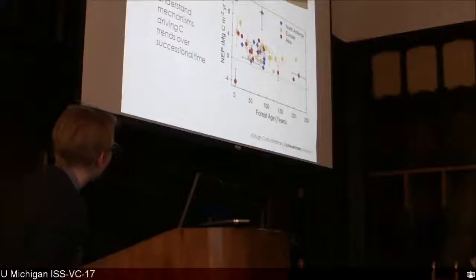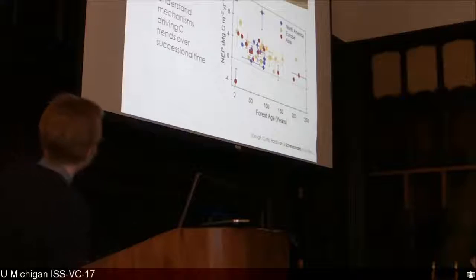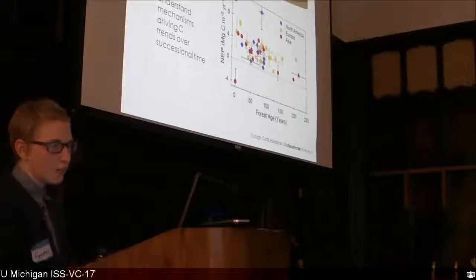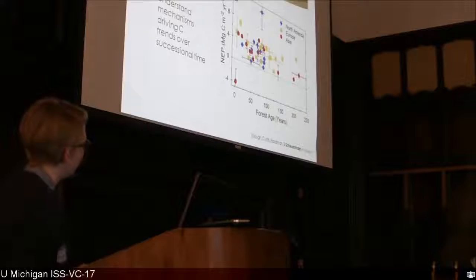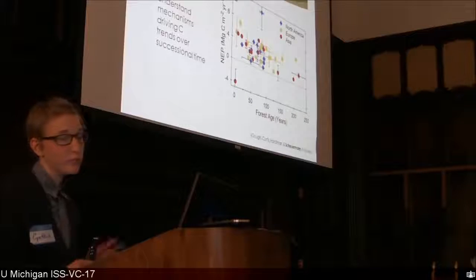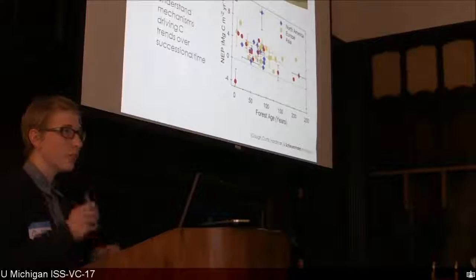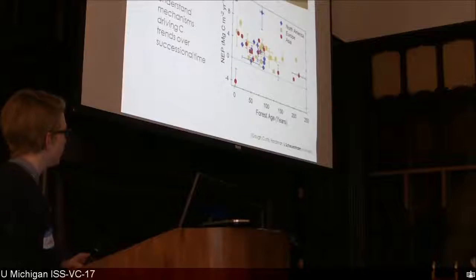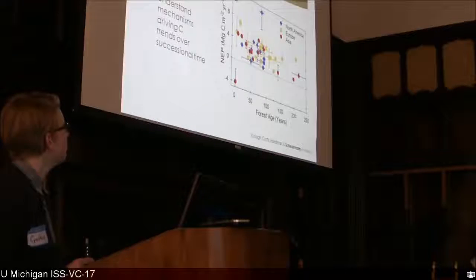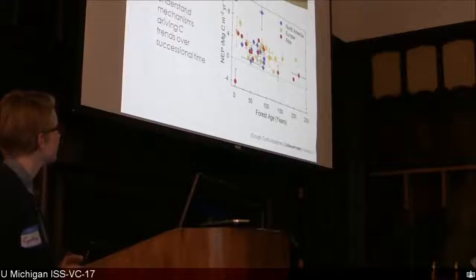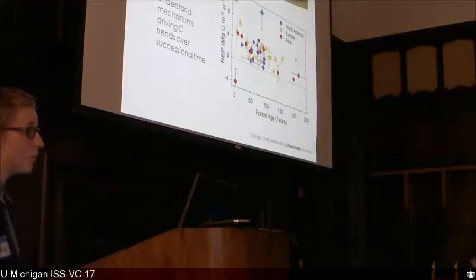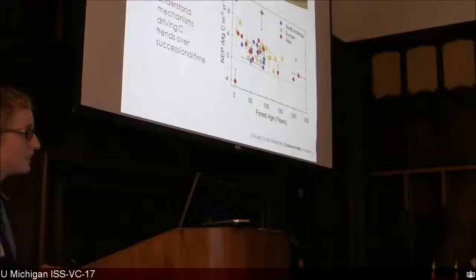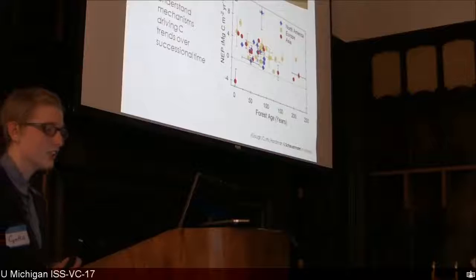It might be too light to see the gray box, but the time period between about 75 years of age and 120 or so years of age is the middle successional time period I'm interested in here. But the results of this are that forests are not declining in NEP as they age, or there appears to be no negative trend, which means that we need to understand the mechanisms that are driving these carbon trends over successional time.